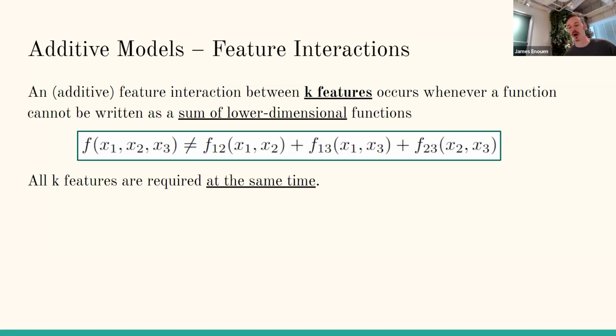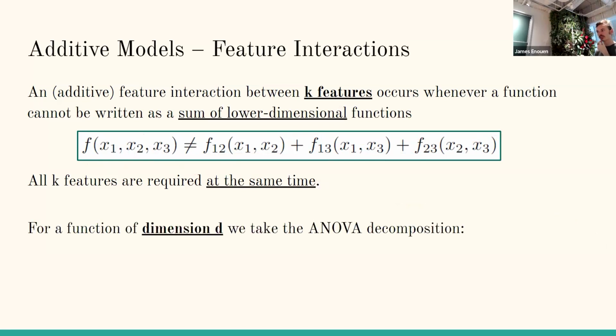No matter how complex we make these two-dimensional functions, there's something fundamentally three-dimensional about this function, and that will be called a three-dimensional feature interaction. In k features, the same thing is true. We just need all k features at the exact same time, and we can never write it as a sum of k minus 1 dimensional functions.